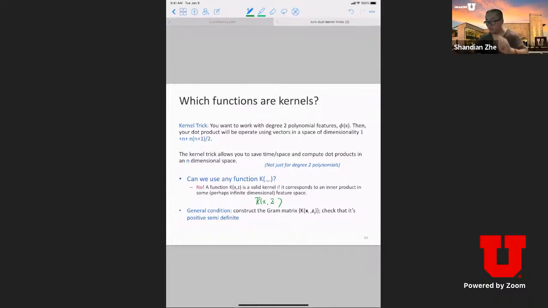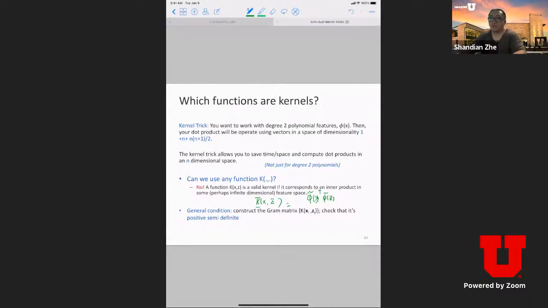I want to find a particular feature mapping, denoted phi theta. If we can show that for this particular k theta and for arbitrary x and z, it is equivalent to first performing the feature mapping phi theta over x and z, and then taking the dot product, that's fine. But this is not always easy. Actually, in most cases, it's not easy.